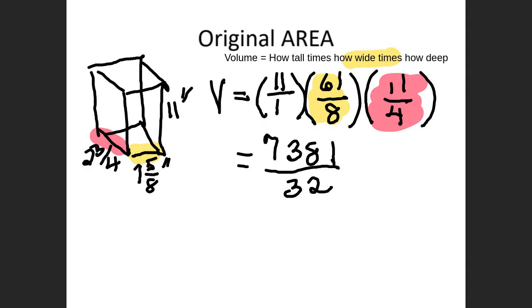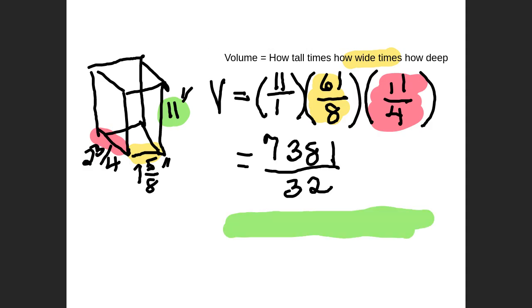Well, notice that 11 is a 2-digit number. That means I want 2 digits in my decimal place.